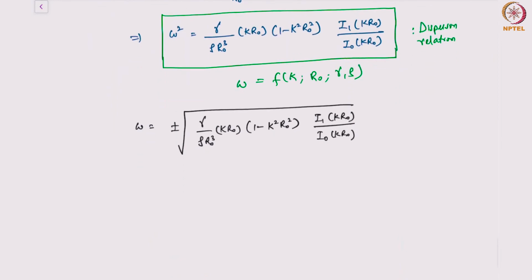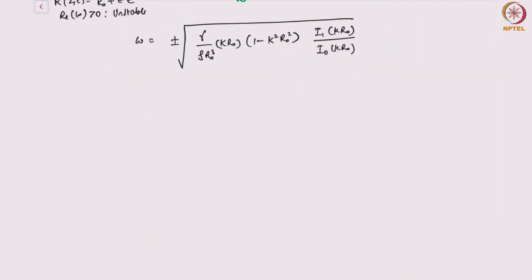I have two solutions here, plus or minus of this. It's useful to remember what we were trying to solve. We said r of z comma t is r naught plus epsilon e power omega t plus ikz. So if omega is real and positive, we have an instability, right? The real part of omega greater than 0 means the flow is unstable. Let's see what this flow actually looks like. Let's make some sketches of this dispersion relation.